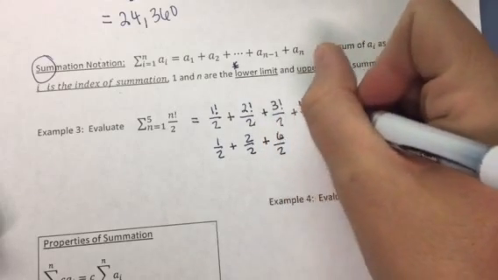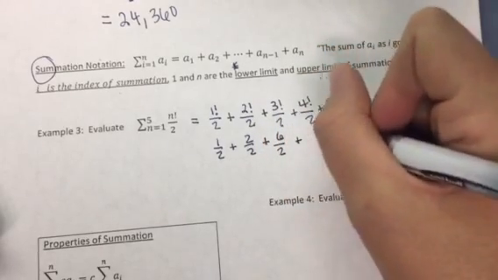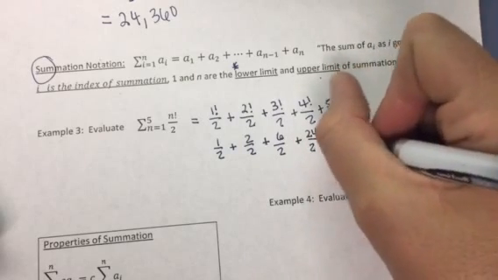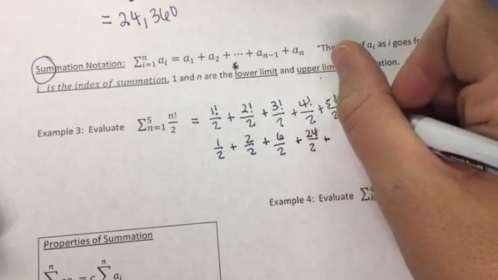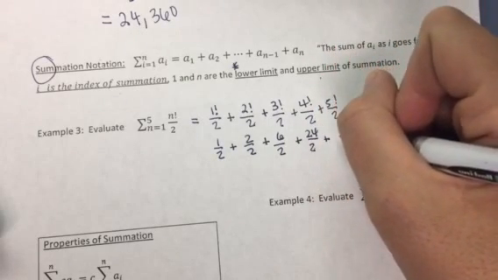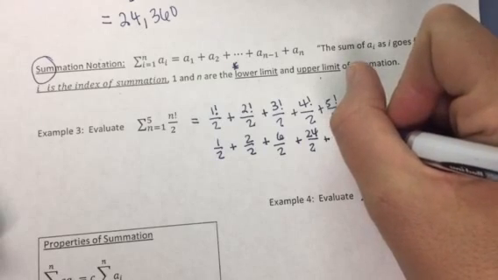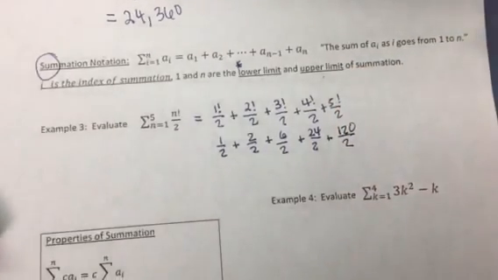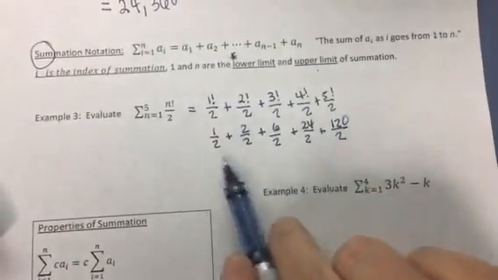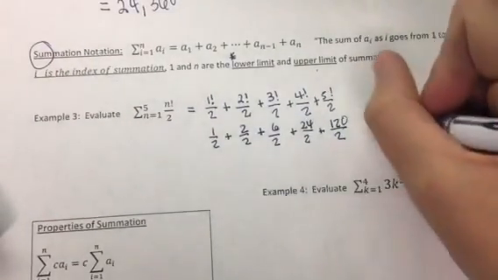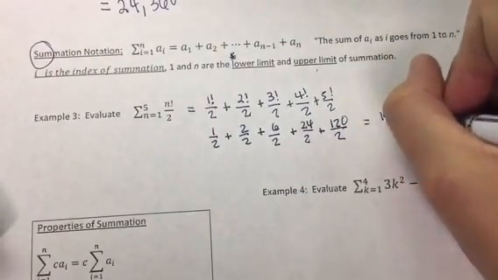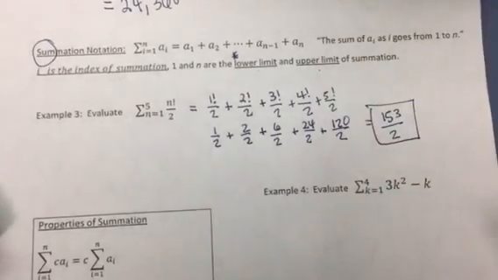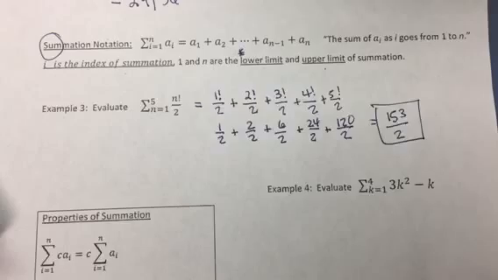Then we can multiply this by 4 to get 4 factorial, which is 24 over 2, and then lastly multiply that by 5 to get 120. I had to think about that for a second. 120 over 2. All right, so we have like denominators. Add the numerators. We get 153 over 2. All right, that's our sum.